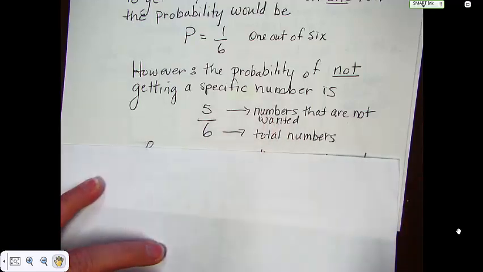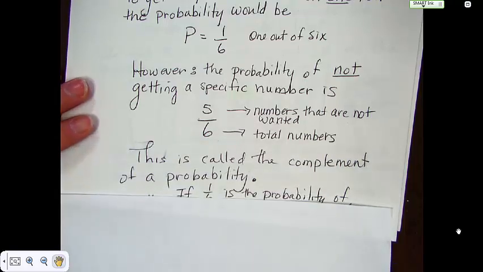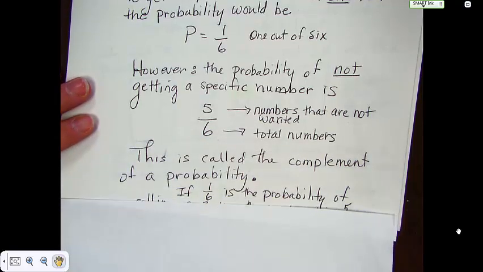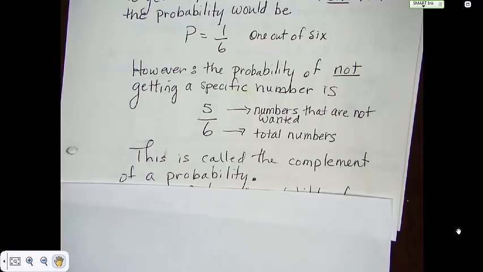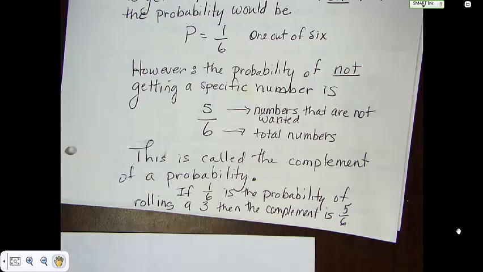And this, of course, is still the total numbers. It is called the complement, and the complement in probability is the chance of not getting what you want. So definitely put that in your notes. If 1/6 is the probability of rolling a 3, then the complement, not rolling a 3, is 5/6.